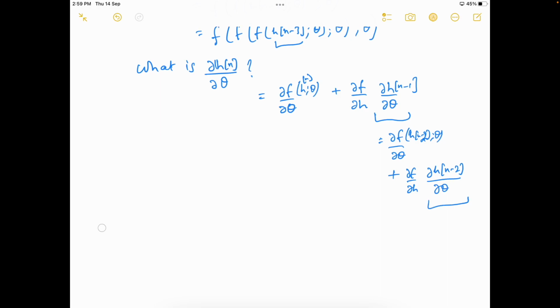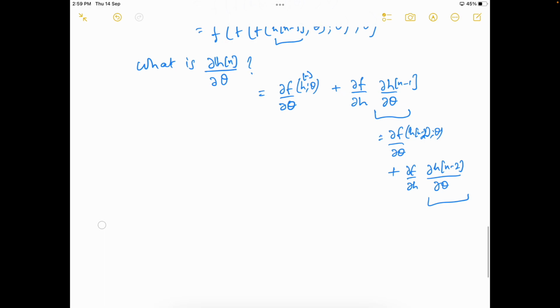How long can we keep unrolling it? The answer is, you assume that I will do it only till 5 steps or 10 steps and I will not go beyond that. So you unroll it only up to 5 steps or 10 steps, and then you say dou h upon dou theta is 0 now.